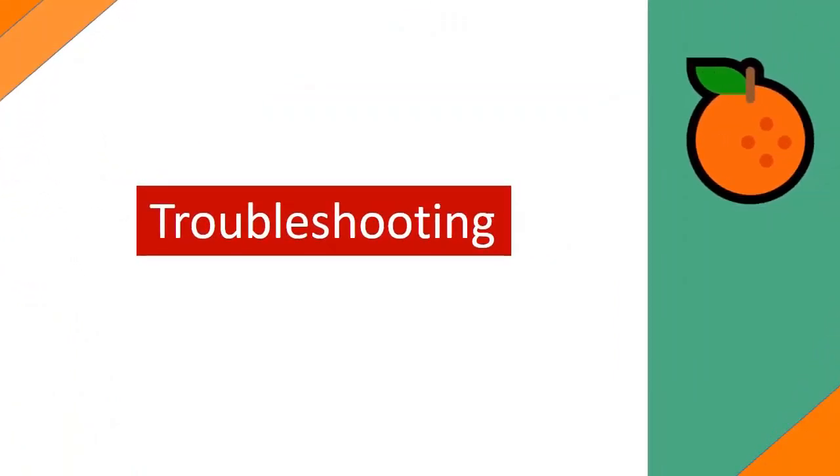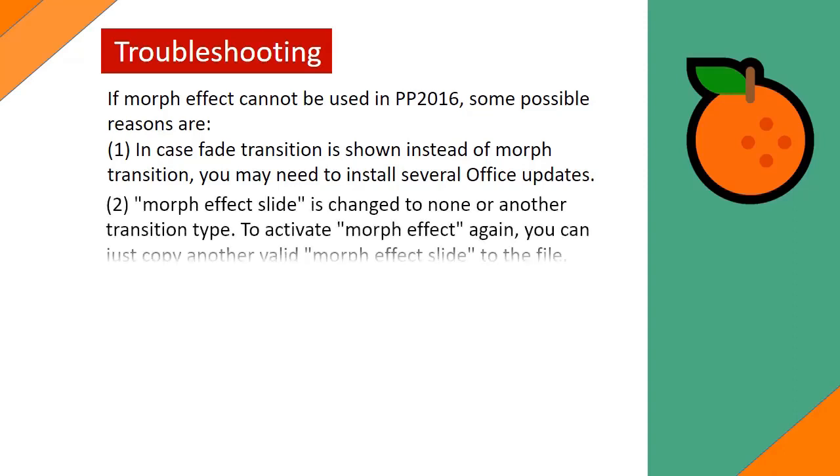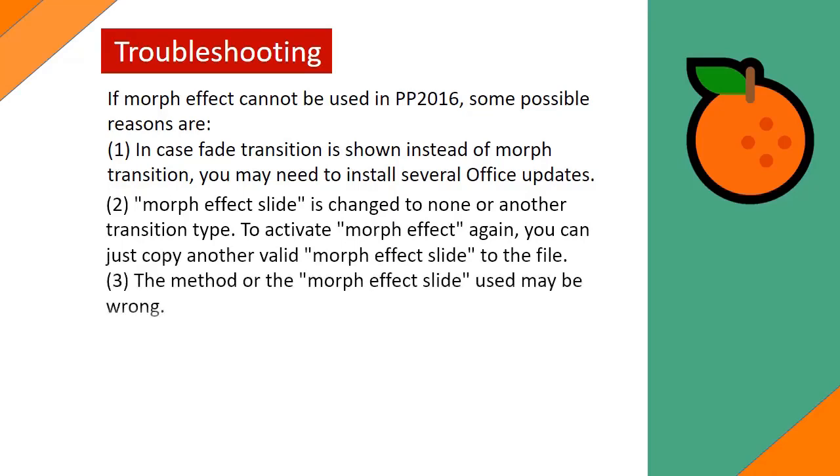Troubleshooting. If morph transition cannot run properly, here are some possible reasons. 1. In case fade transition is shown instead of morph transition, you may need to install several Office updates. The link of the article from Microsoft can be found in the description part of this video. 2.